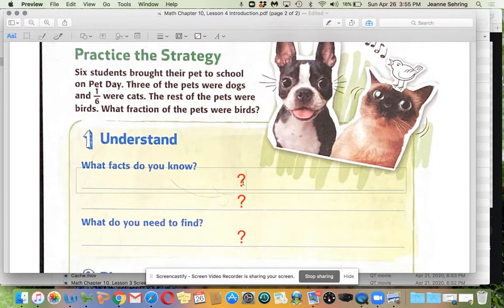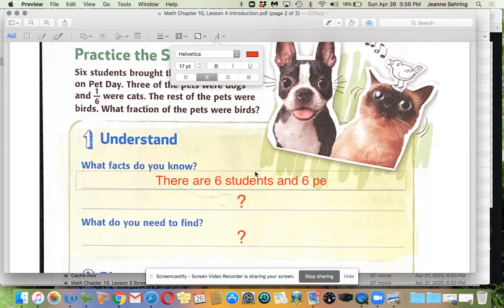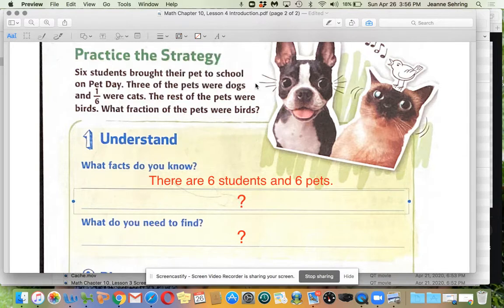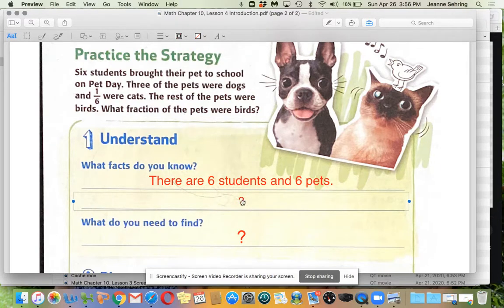So it's the same problem. What do we know? Let me make this font much smaller also. Okay, we know there are 6 students and 6 pets. We also know that there are 3 dogs.